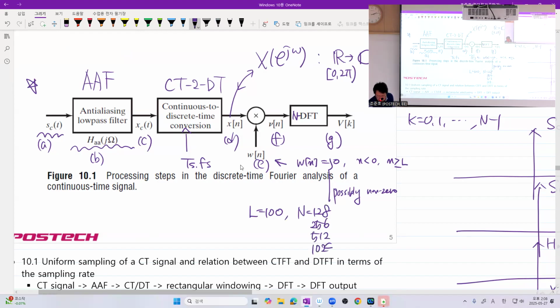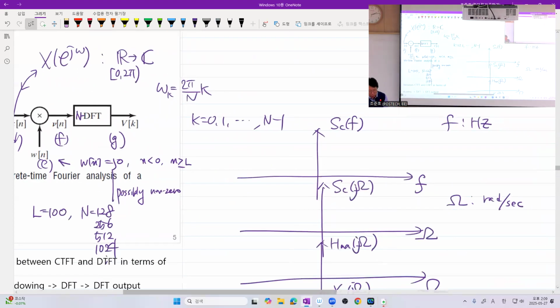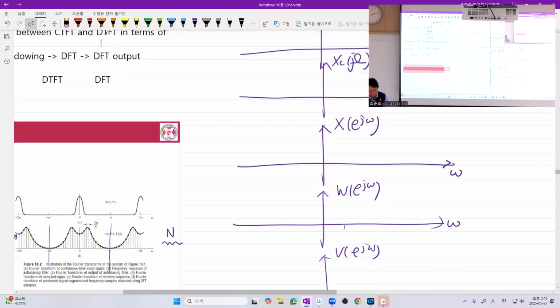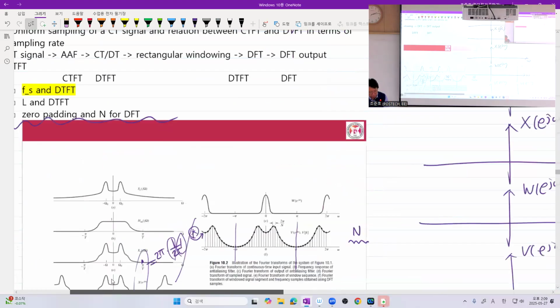You may change the number of points this way. Then what happens? As I told you, N determines the resolution, and L with the shape determines the W of e to the j omega.